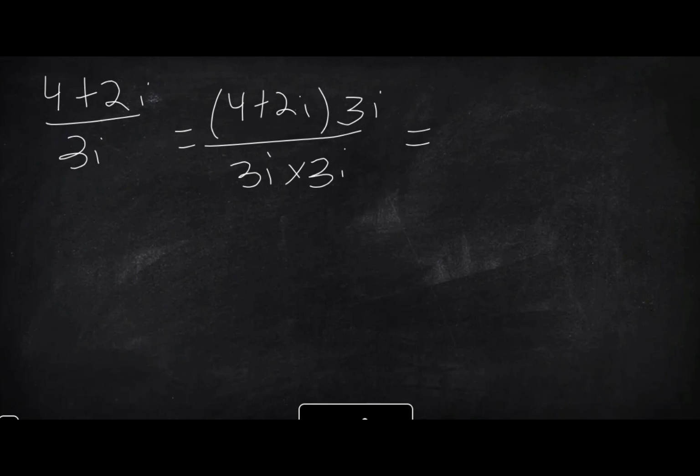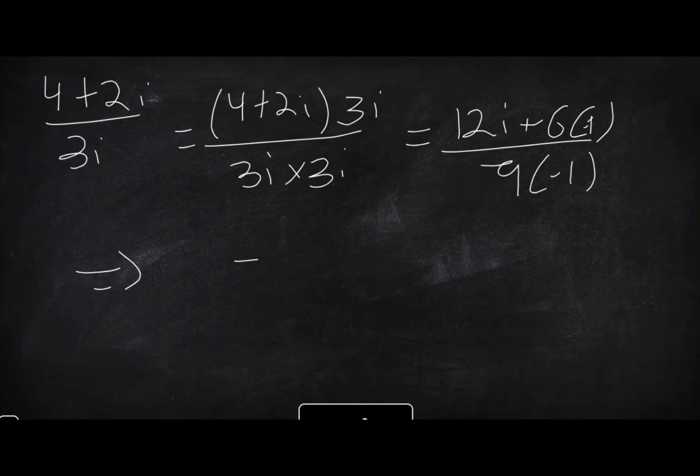This gives 3i times 4 is 12i plus 6 into brackets negative 1 over 9 into bracket negative 1.